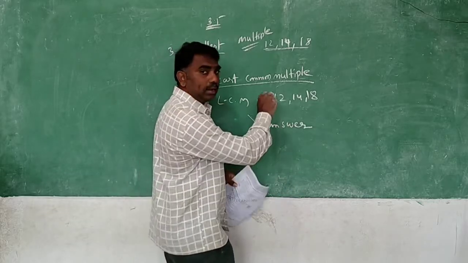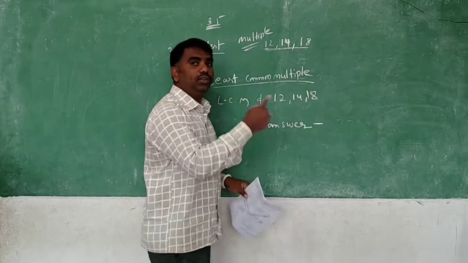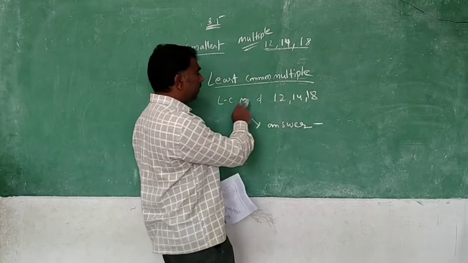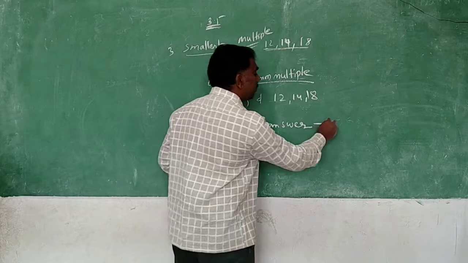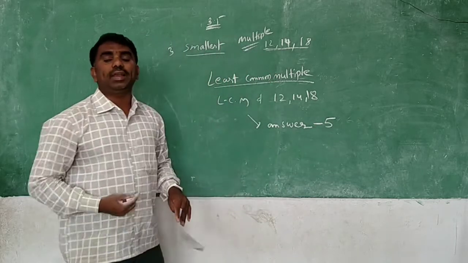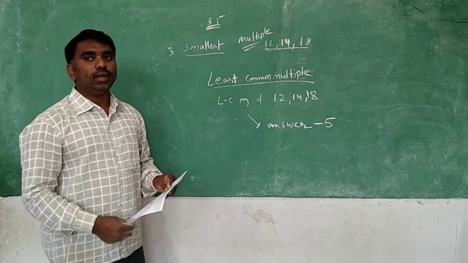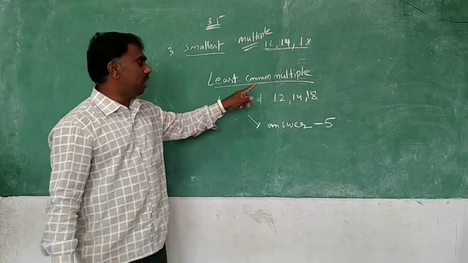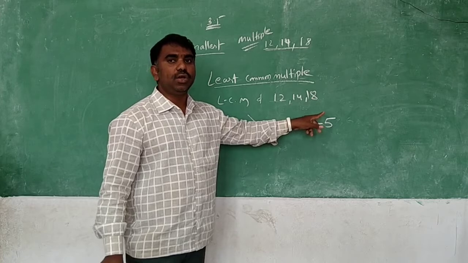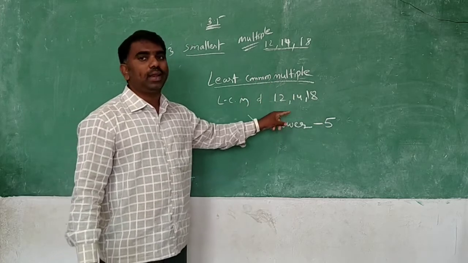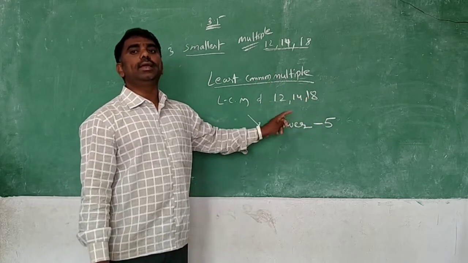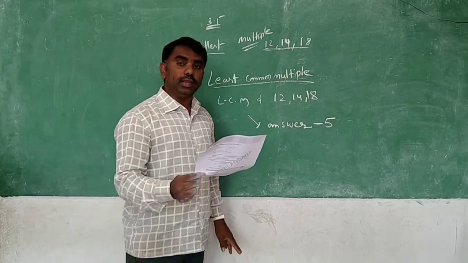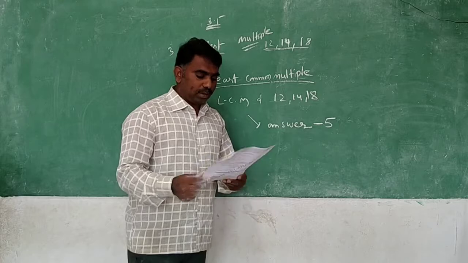Reverse it. Added to 5 means you need to subtract. The LCM answer you get, minus 5. Subtract the 5. To solve this, first find the LCM of 12, 14 and 18, then subtract 5 from it, and you will get the answer. So this is the method for question number 3. Okay, same for question number 5.